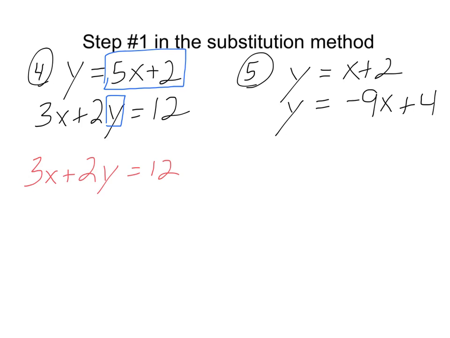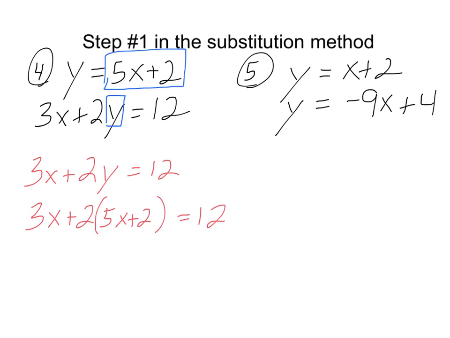But now instead of y, I'm going to replace it: 2 times y, but y is 5x plus 2 according to the big box above. Don't forget everything else in the equation. That's really important to remember. You cannot forget 3x, the 2, or the 12.